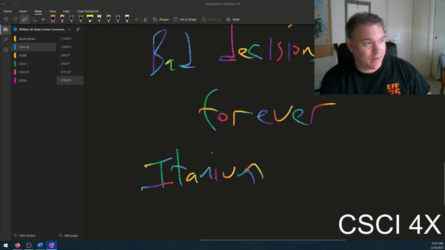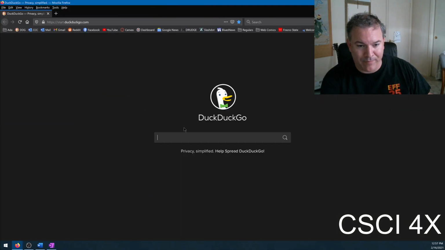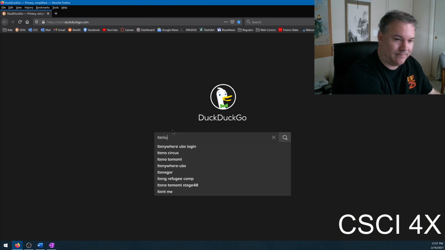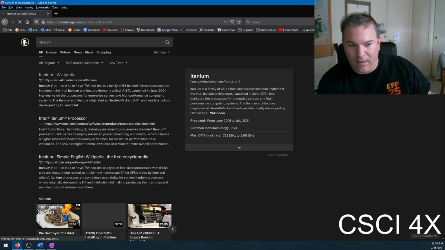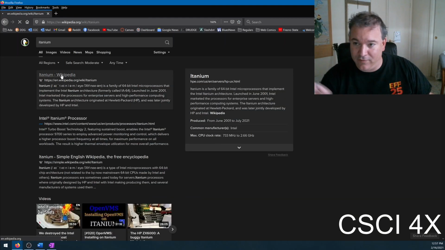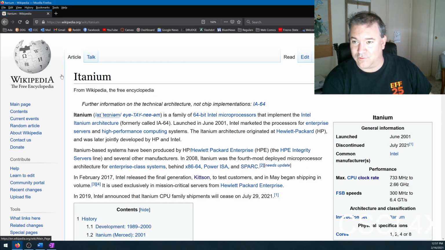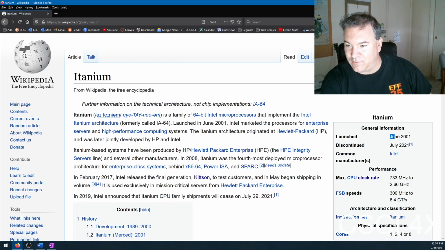It was a joint production with HP, Hewlett Packard, and the notion was like, let's just do away with backwards compatibility. People can just recompile their code, whatever. So it came out 20 years ago, and it will be discontinued this year.